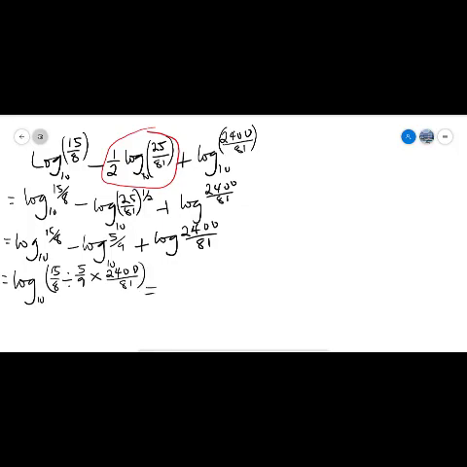Okay, this is equivalent to log 15 over 8 times 9 over 5 times 2400 over 81.